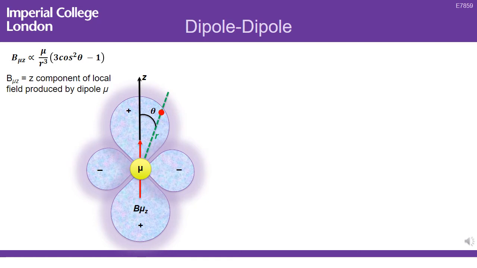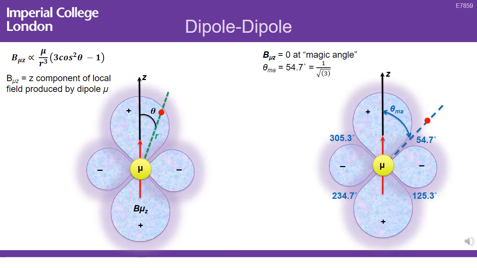The z component of the dipolar field, B mu z, is maximally positive directly in front of that dipole and maximally negative on either side. In this example, the second nucleus is between the positive and the negative fields, so the B mu z passes through a null point equaling 0.